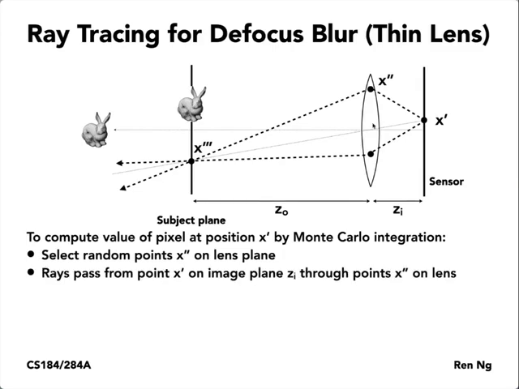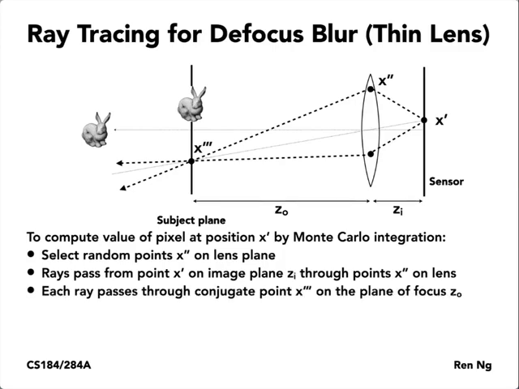Now, the next thing is we can notice that the rays pass from point x prime on the image plane through x double prime over here. That would be the contribution of a ray of light from the world refracting through the lens onto the pixel that we care about in this image. And we have to use deduction from all the things we've talked about in class today.